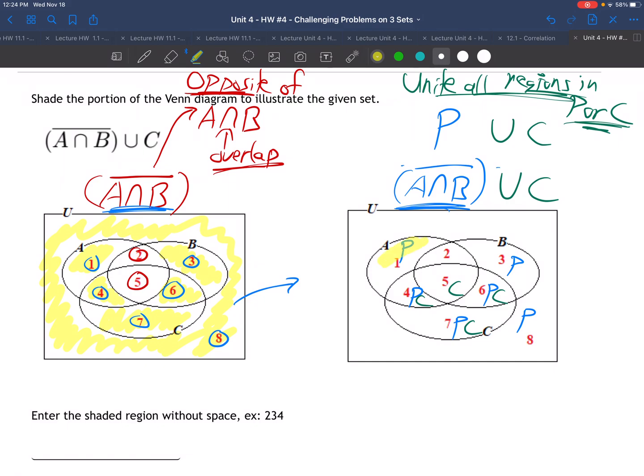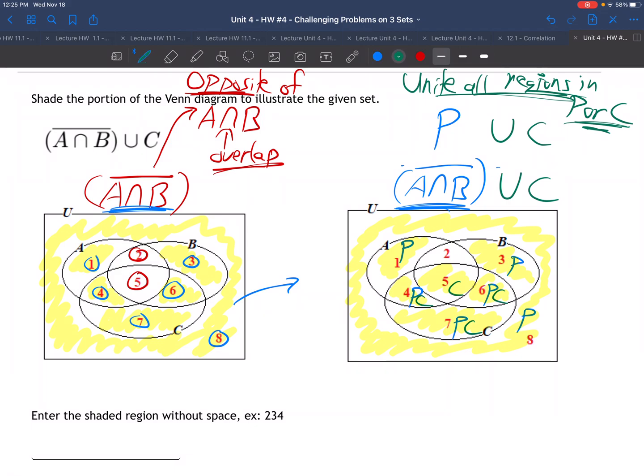Well, every region that has a P or a C. Which is what? Almost, is it everything but 2? Yeah, I think every region except for 2. Yeah, unite all regions that have the P or the C.